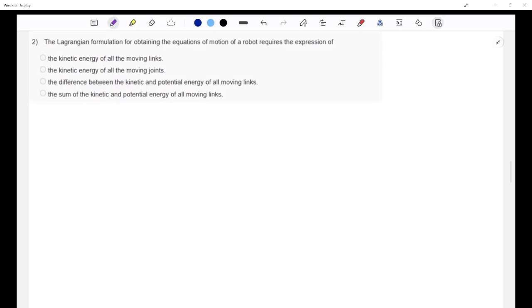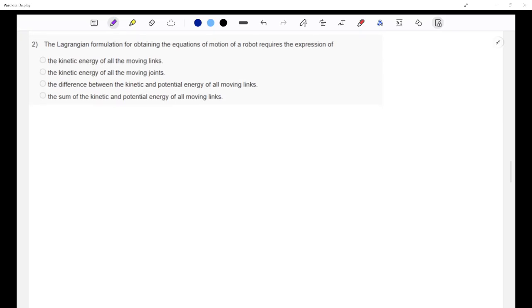The Lagrangian formulation for obtaining the equation of motion of a robot requires the expression of the kinetic energy of all the moving links, the kinetic energy of all the moving joints, the difference between the kinetic and potential energy of all the moving links, or the sum of the kinetic and potential energy of all the moving links.